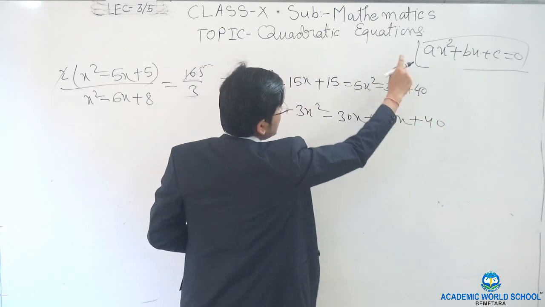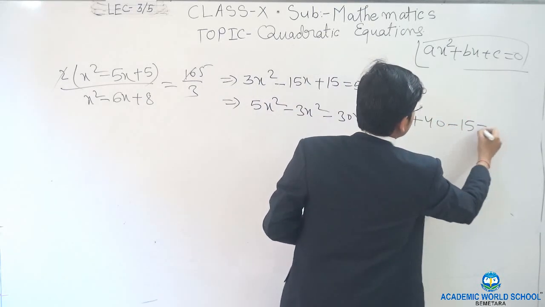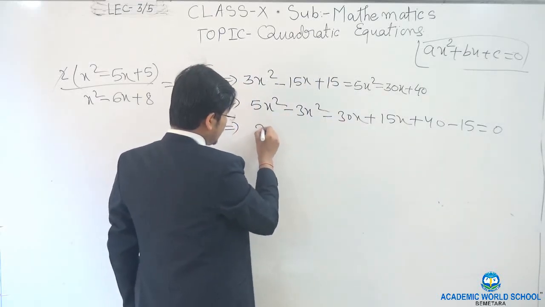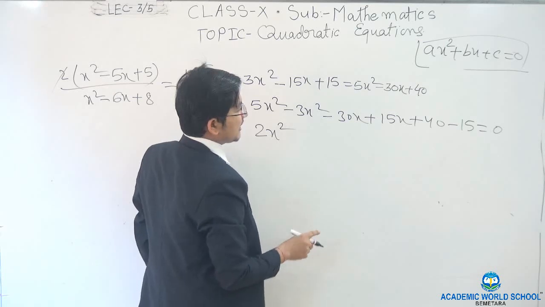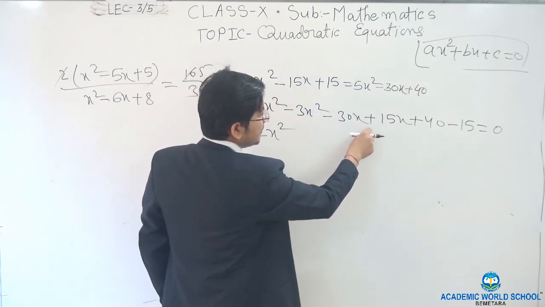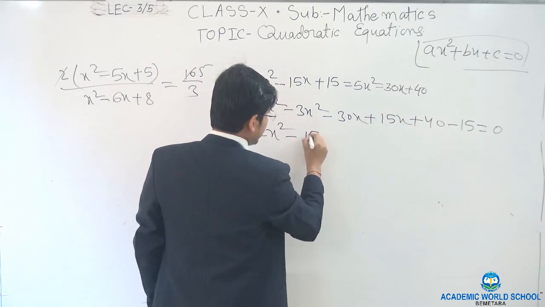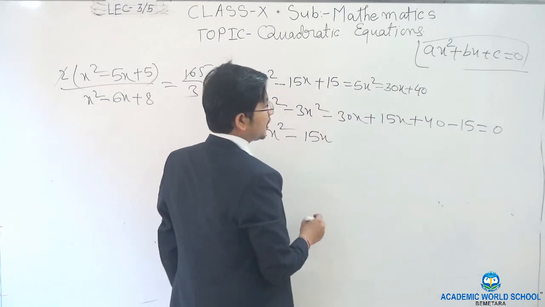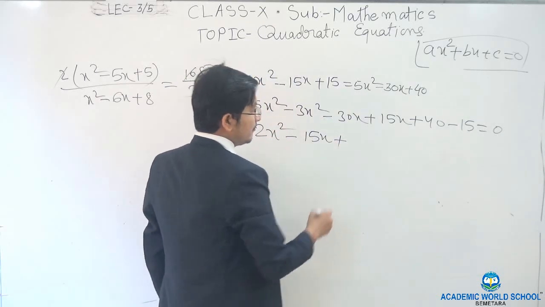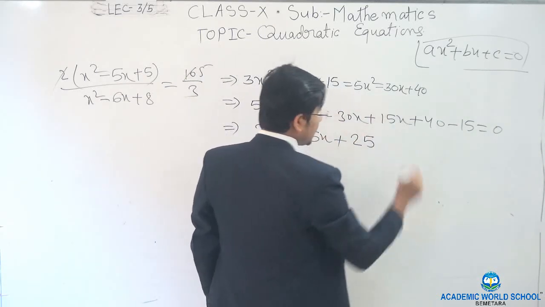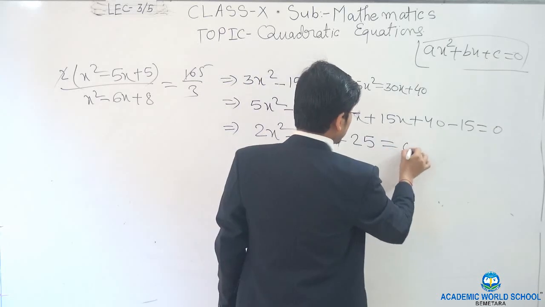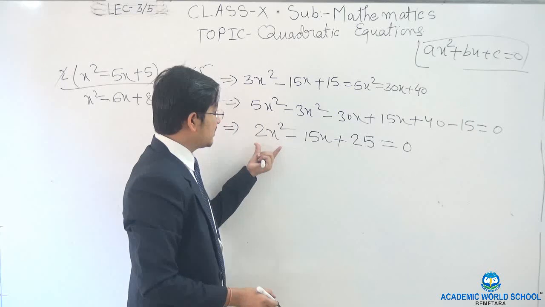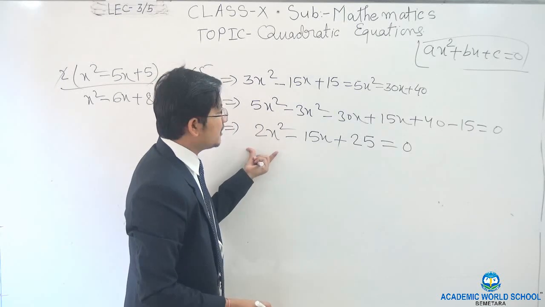Now I am going to transfer this 15, so this will be minus 15 is equal to 0. So 5x square minus 3x square, 2x square, minus 30x plus 15x, this will be minus 15x, and now 40 minus 15. Okay, 40 minus 15, so there will be positive sign. So this will be 25.